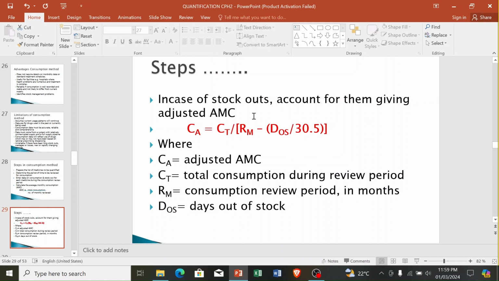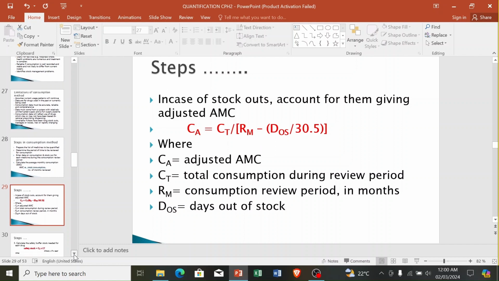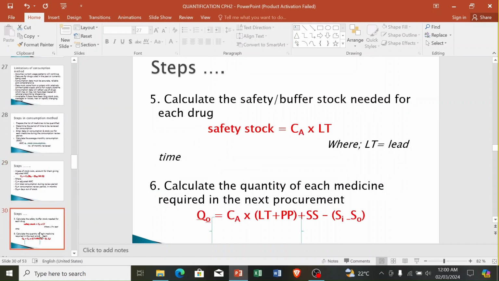If we are reviewing for 4, I'll have 4 minus the value we get here. And then my total consumption is divided by all this other amount. As simple as that. That is in case we had days out of stock. In case we didn't have any days out of stock, you only calculate average monthly consumption.